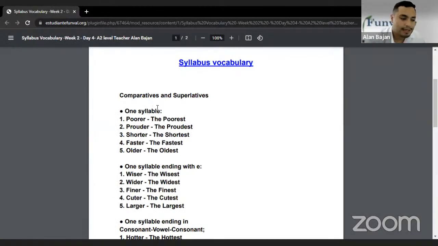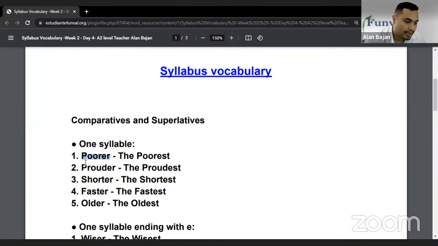I have adjectives of one syllable. Adjectives of one syllable. Like poor. Poorer, the poorest. Proud, prouder, the proudest, etc.